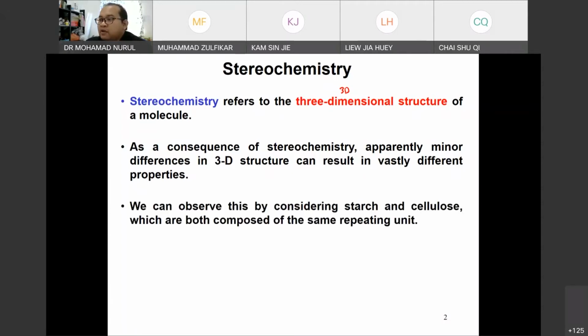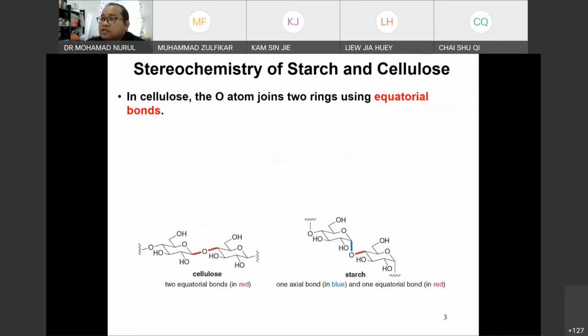We can observe this by considering starch and cellulose as an example, which are both composed of the same repeating units. In cellulose, the oxygen atom joins two rings using equatorial bonds. We already covered last week the chair conformers, equatorial bonds.